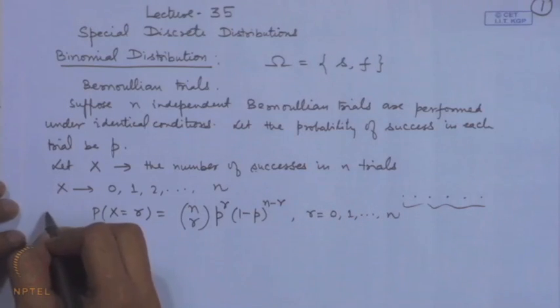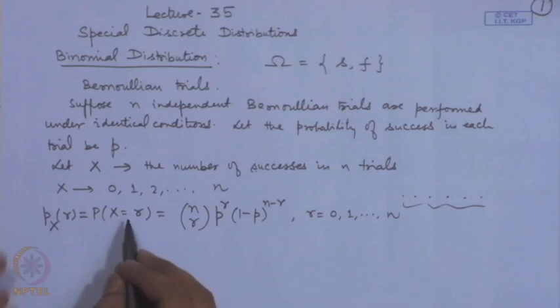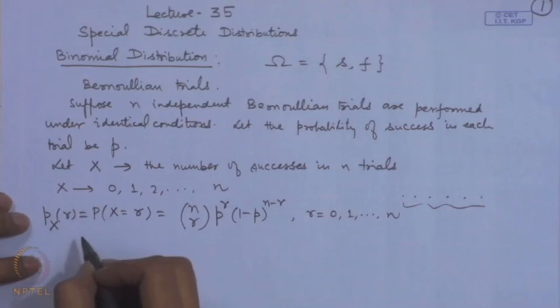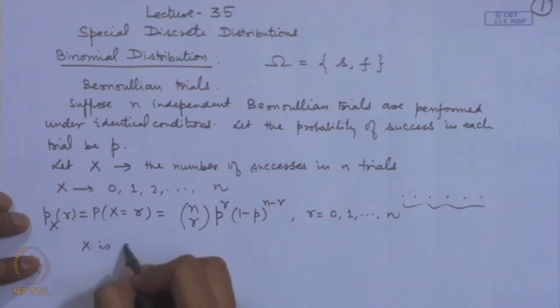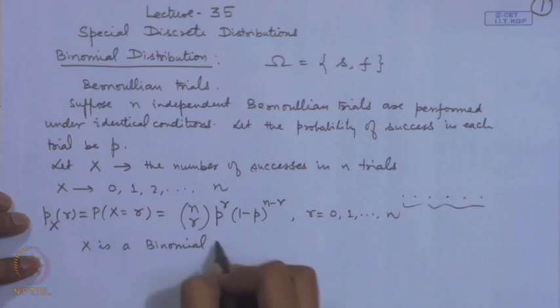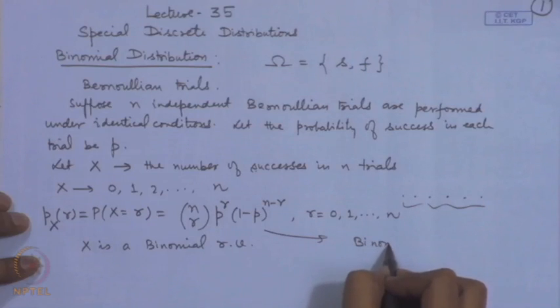So, if we follow our usual notation for the probability mass function, we will write it as p_X(r), that is the probability that X is equal to r. Then X is called a binomial random variable, and this is called a binomial distribution.